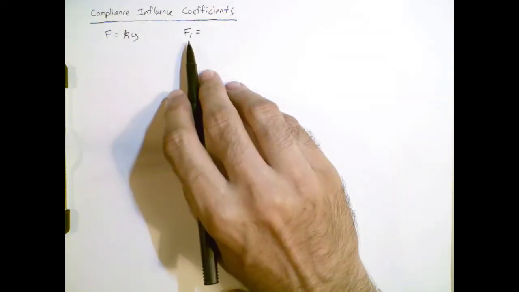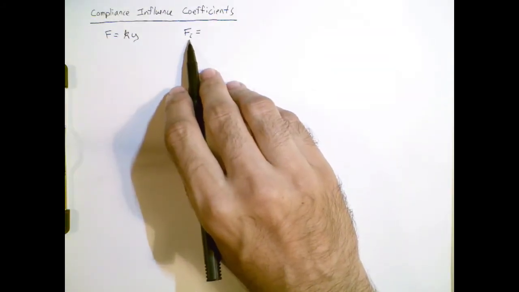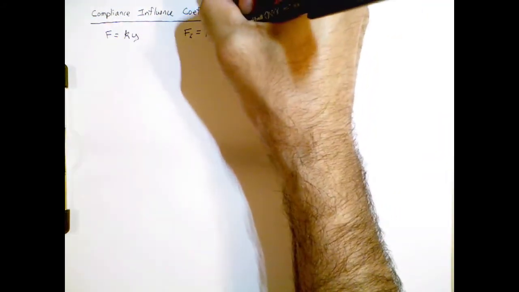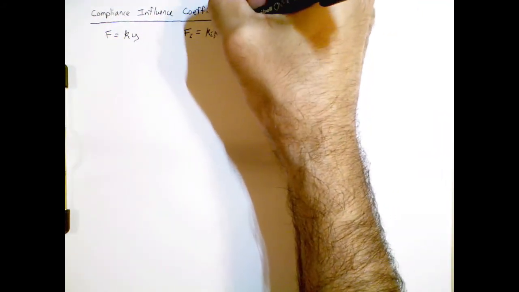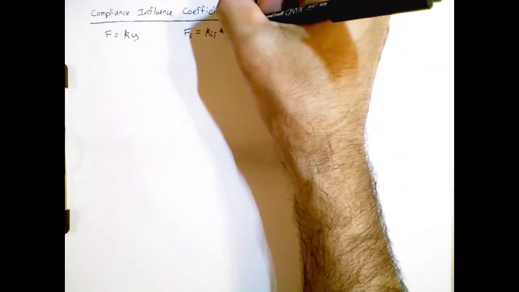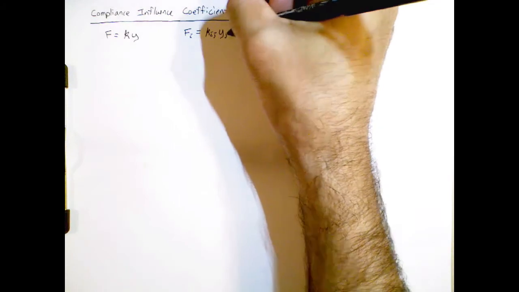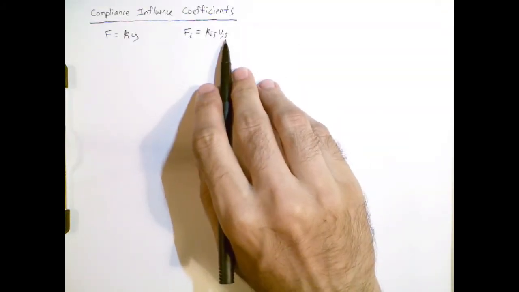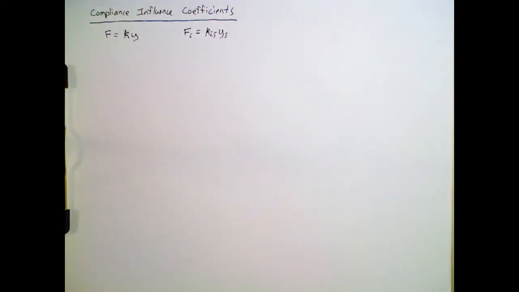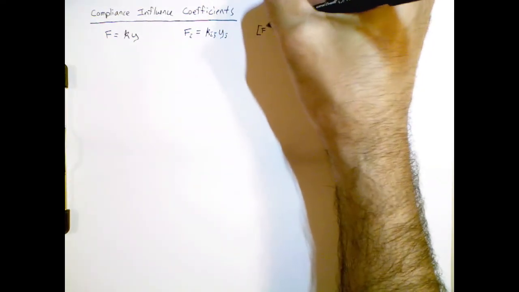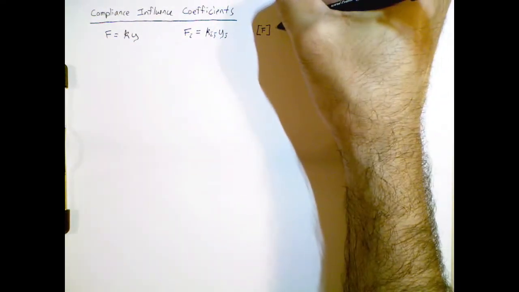So if we have a force applied to coordinate i, that's going to be equal to the stiffness coefficient k_ij multiplied by the displacement y_j, so two different coordinates. We can write this in matrix form that you may be familiar with, a vector of force values.